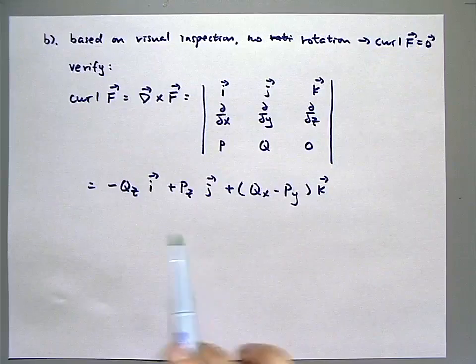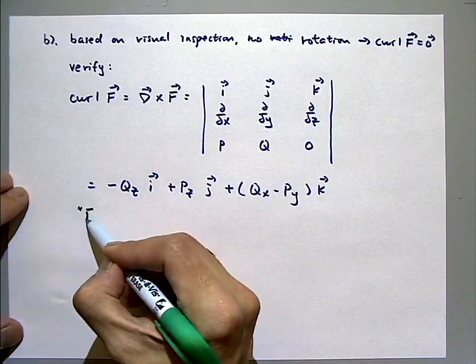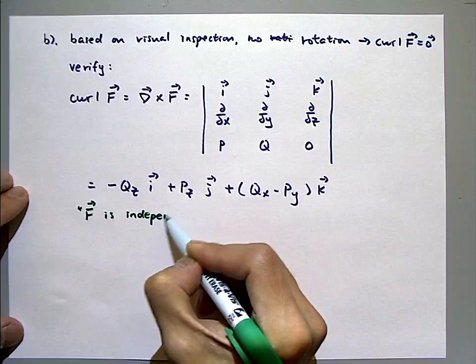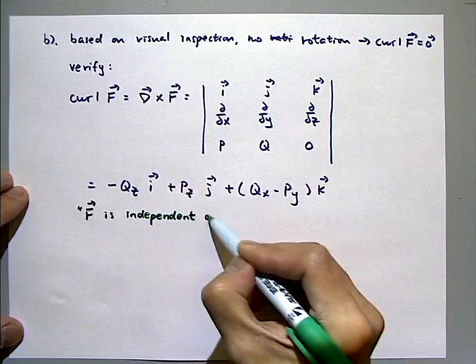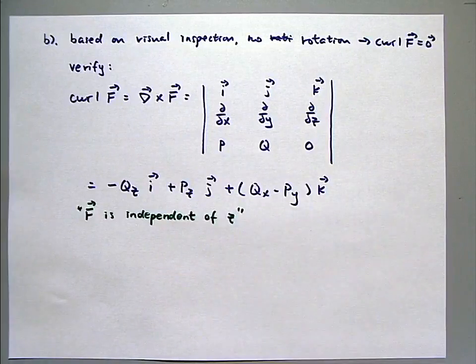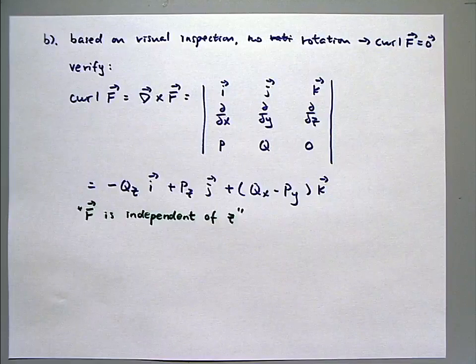Now the first two, remember the statement of the problem. The problem says that F is independent of z. So that means the partial derivative with respect to z of anything should be what? Independent means as I move across, I don't see any change. If I don't see any change, the partial derivative is?